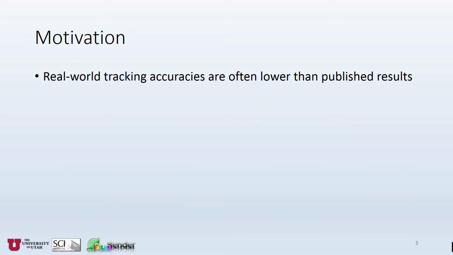We found that, when we applied these tools and methods to real-world cell tracking problems, the tracking accuracies were often lower than their published results. We do not doubt the integrity of the previous research, but still we would like to ask for the reason, or reasons, why these methods didn't work for real-world research.